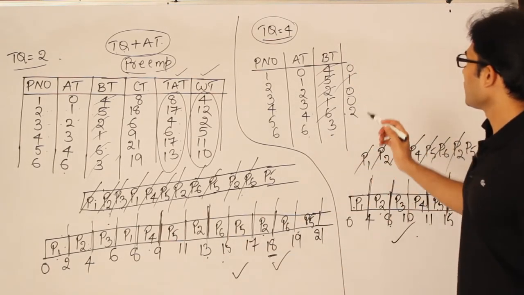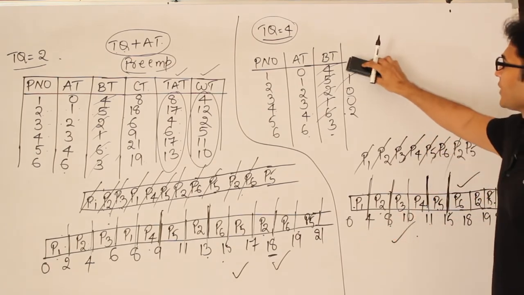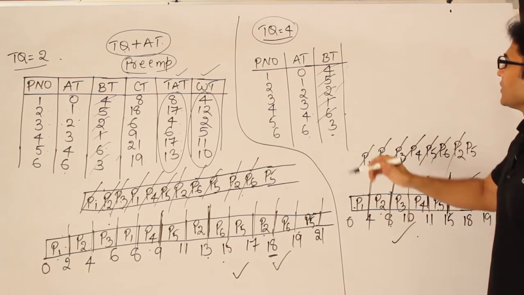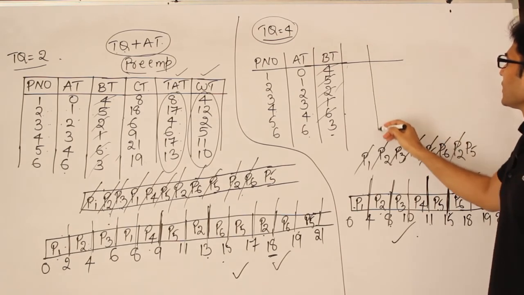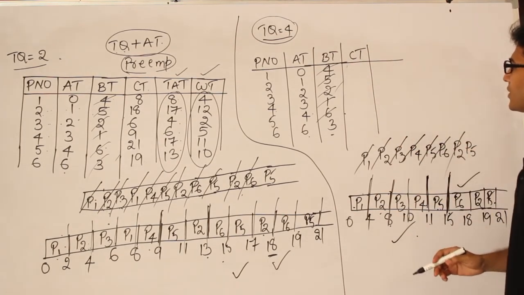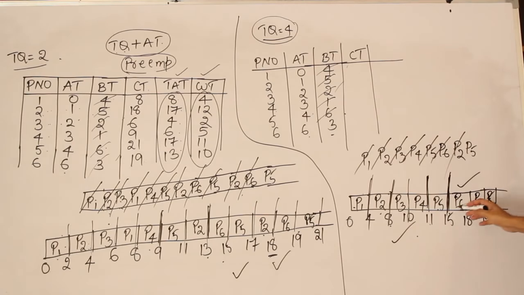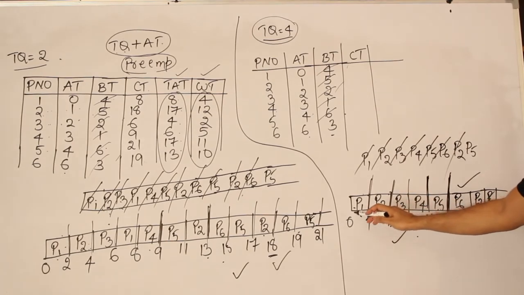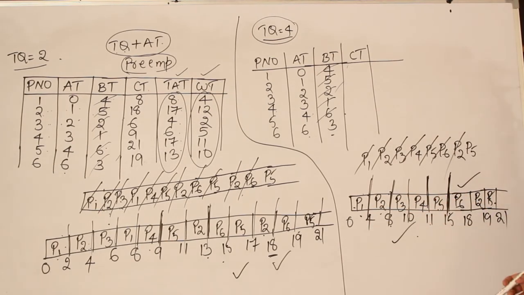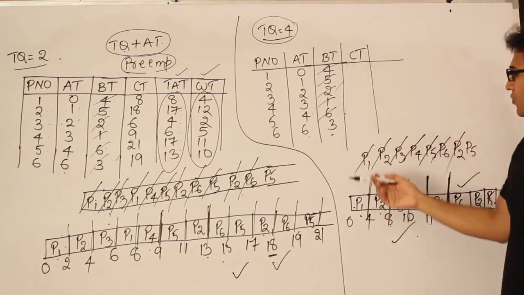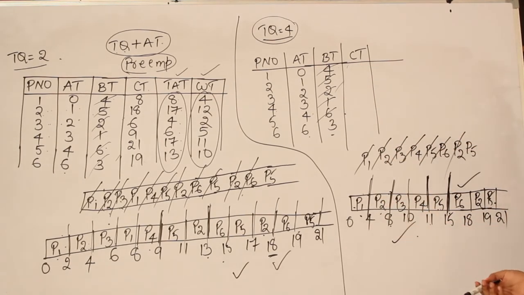So now you could find, similarly, the completion time, the waiting time and turnaround time. Just see this. Let's see the completion times. When did P1 get completed? So look at the last time. Actually, P1 got scheduled only once, and that one time is enough because its burst time is 4 and the available time quantum is 4.